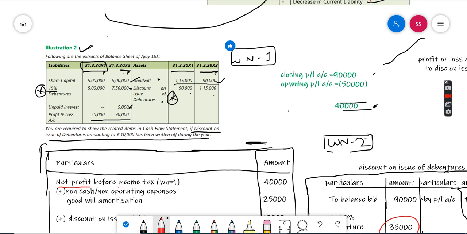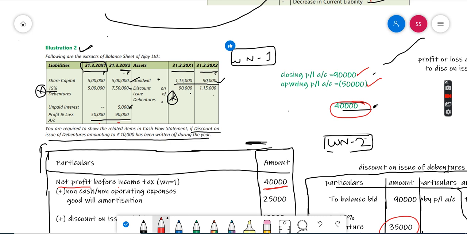They gave the closing and the opening, so based on this we can find the net profit during the year. Closing P&L account is 90,000, opening is 50,000, so the remaining 40,000 is the profit during the year. We'll start with 40,000 rupees.